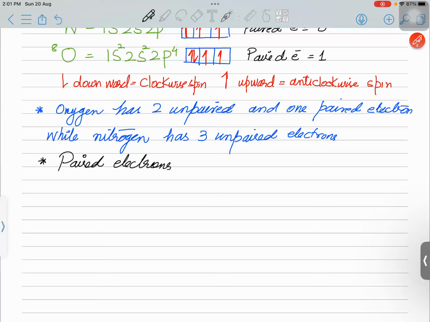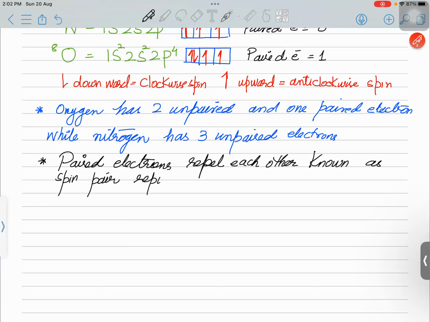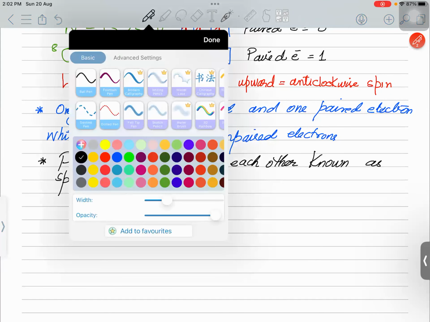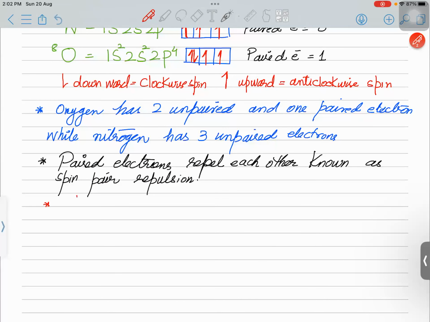Paired electrons repel each other, known as spin pair repulsion. Hence, ionization energy of oxygen 8 is less than ionization energy of nitrogen.